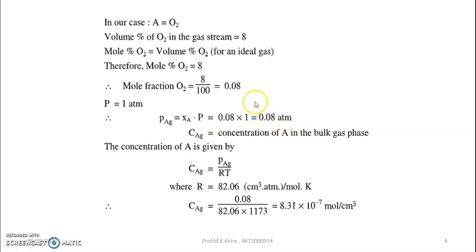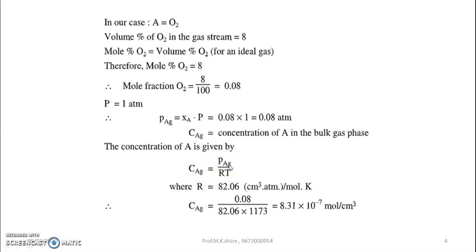Now why do we require this? Because we have to further calculate its concentration. If you know the partial pressure of that component, you can get its concentration by CA is equal to PA upon RT, as it is in the gaseous phase, so suffix G is also required. CAg is PAg upon RT. And what is our PAg? It is the partial pressure of oxygen.